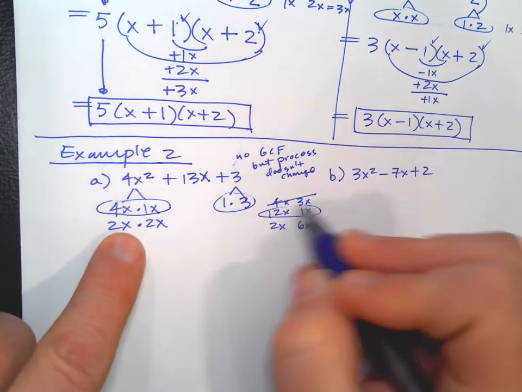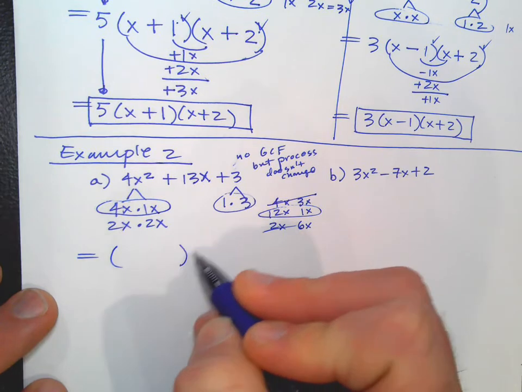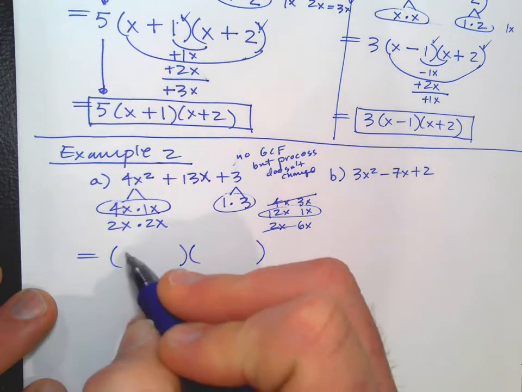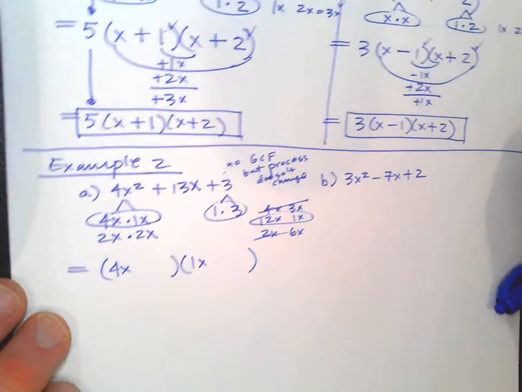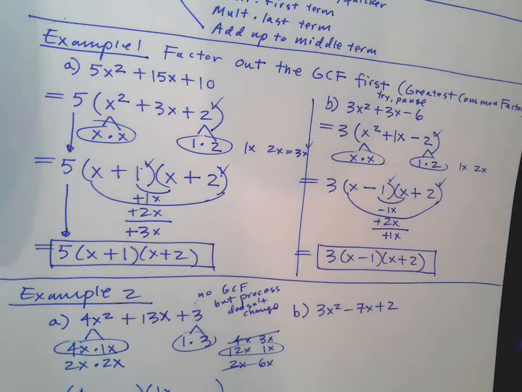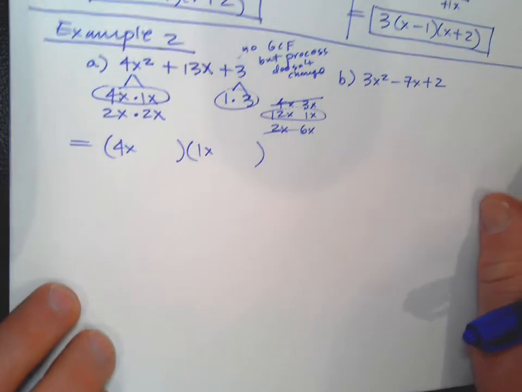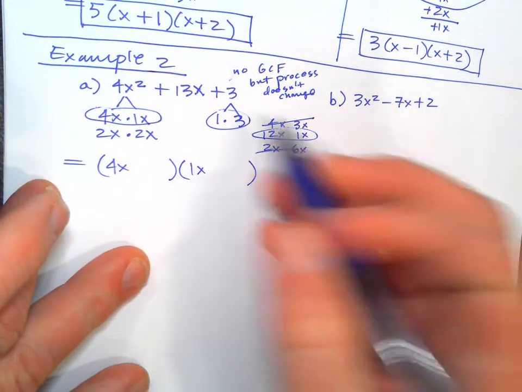Okay, so then when we rewrite it, there is no GCF this time. We're going to have a 4x and a 1x. Now we're going to put the 1 and the 3, and it does matter.